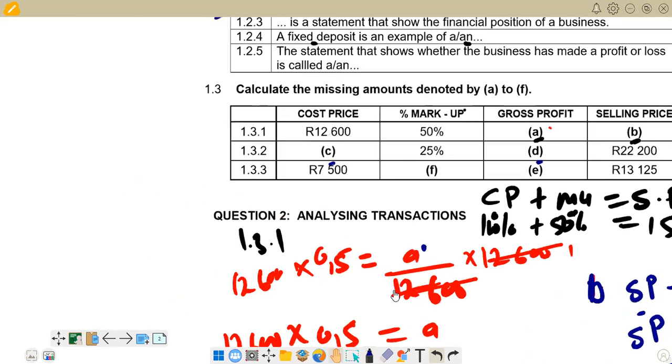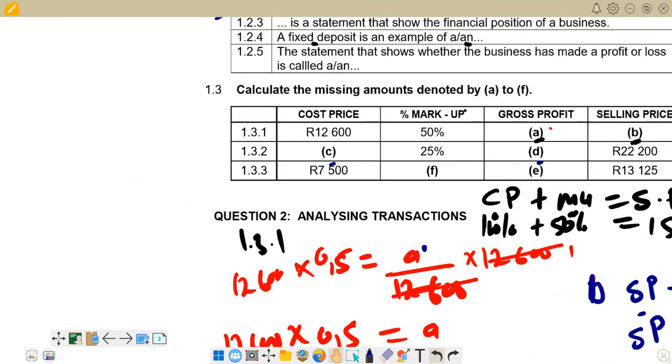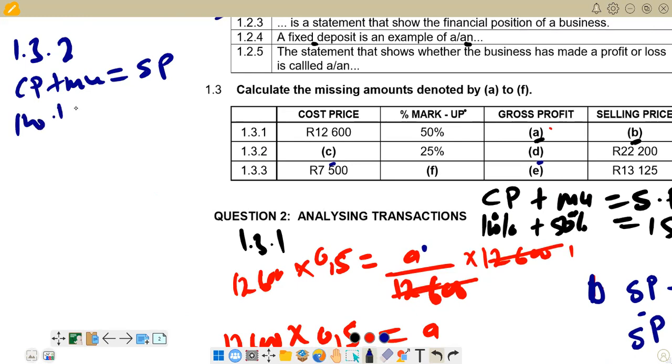Then we come here. This is 1.3.2. And remember, we are saying our cost price plus our markup is equal to our selling price. And we said our cost price is 100, then our markup here is 50, and then our selling price is 150.